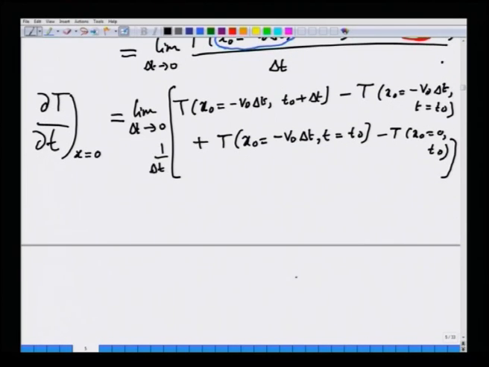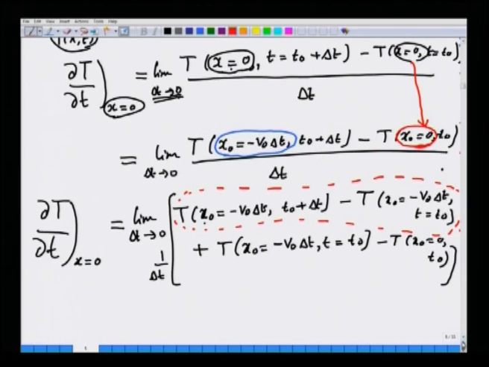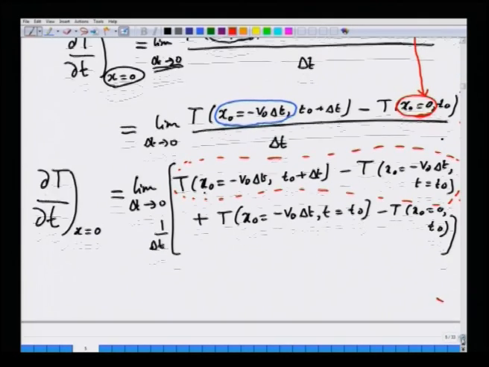Now, here we are keeping x naught the same. So, what is this term? Let me mark this with red, so that you can see it.